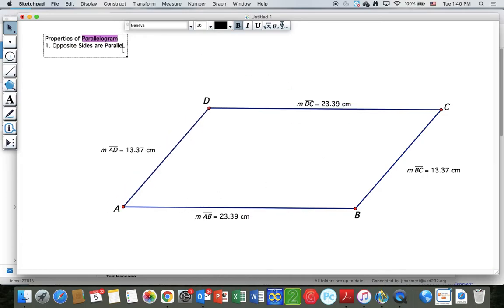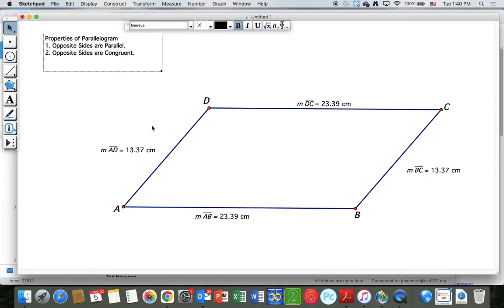So opposite sides are parallel. Number two, opposite sides are congruent. So there's two properties about sides in parallelograms. The opposite sides are parallel, the opposite sides are congruent. All the time. That's always true.